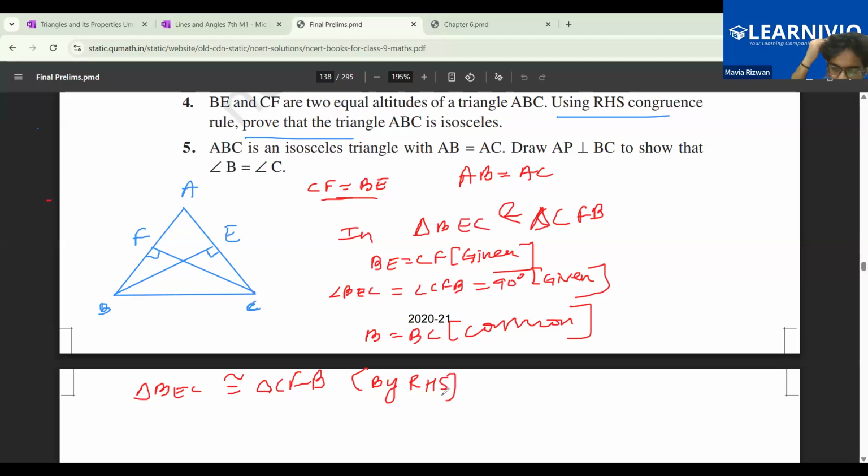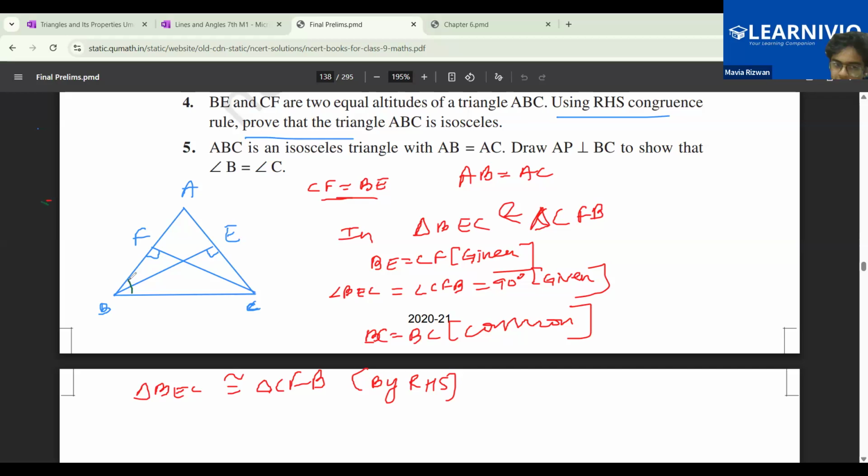Umar? Yes, sir. Okay, now if this is clear, BC is equal to BC is common. Okay, Akmal? Okay, sir. Now these two angles are equal.